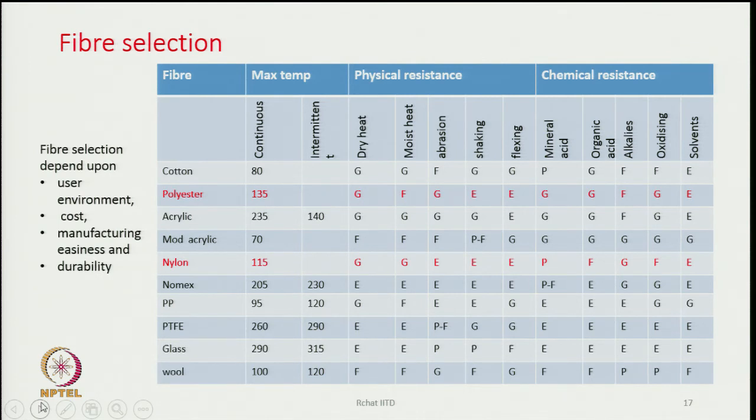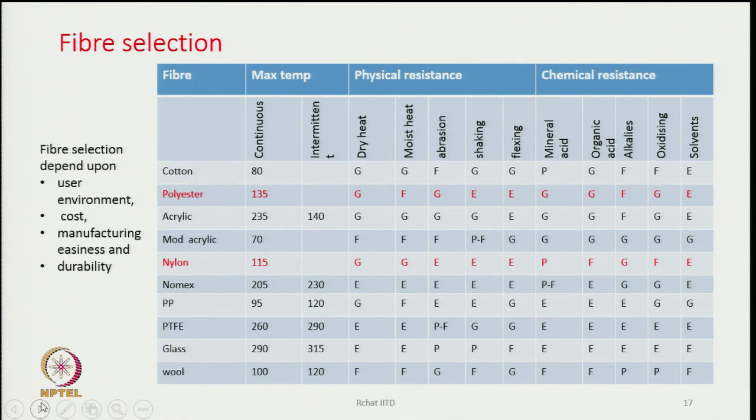See, qualitative values are stated: fiber, maximum temperature, physical resistance, chemical resistance. In this data, G means good, F means fair, P means poor, E means excellent. So, on the qualitative scale the various properties are stated.